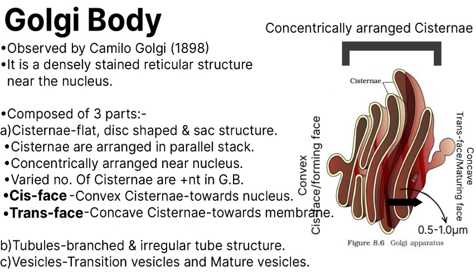Then we have another cell organelle which is called the Golgi body, Golgi apparatus, or you can also say Golgi complex. It's a single membrane organelle first discovered by Camillo Golgi in 1898.